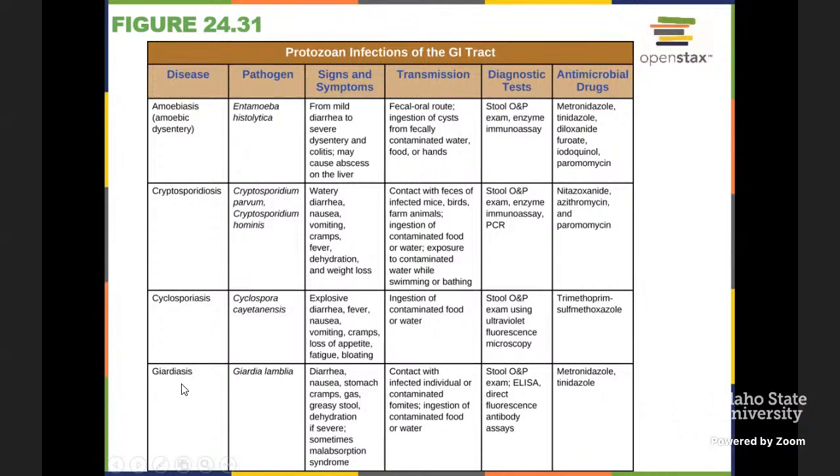Giardiasis. Giardia is one of my favorites. Giardia lamblia is what we call it in microbiology courses, it's always lamblia. Giardia has had numerous names, numerous name changes. Giardia lamblia is accepted across the board, but deep down, Giardia is Giardia duodenalis. That's its name.